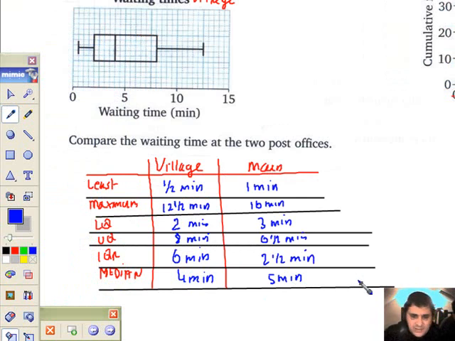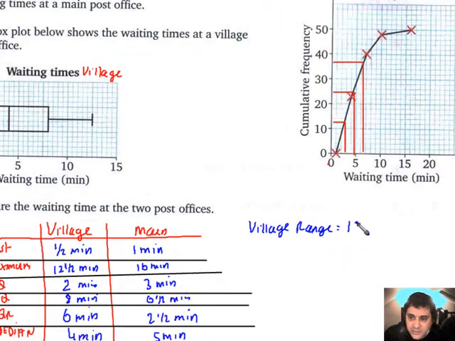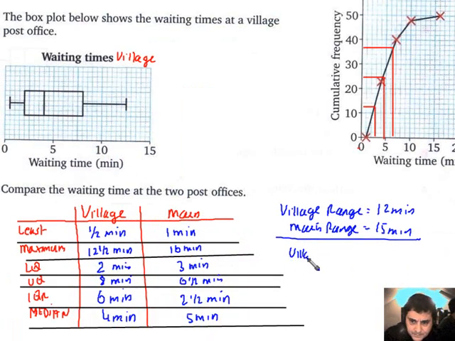All right, is that all the data? Let's take a look. Right, maximum minimum. So in the village we have an absolute range of 12.5 to half, that's going to be a 12-minute range. And in the main post office, 16 take away 1, that's going to be 15 minutes. So that's the first bit of data. Interquartile range, let's just compare the IQRs.